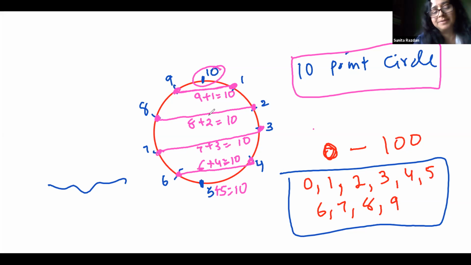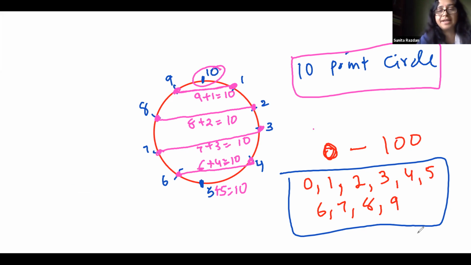This helps us, for example, when you're adding. You want to draw the circle. This is called a 10-point circle. Draw the circle. I'm drawing it now.